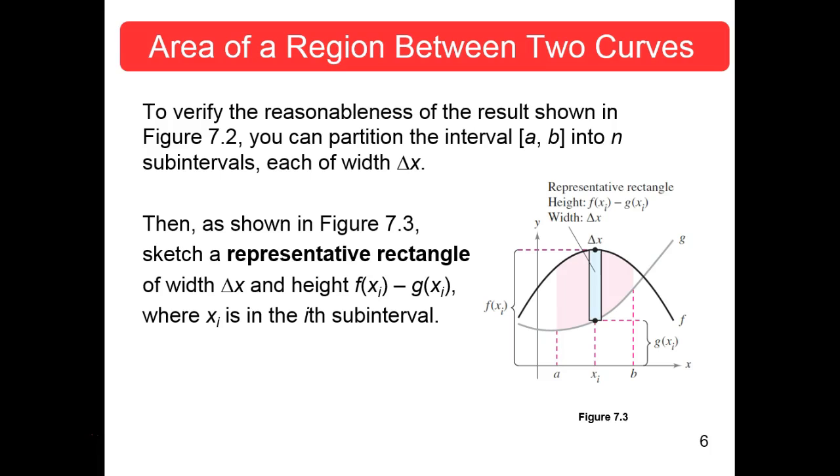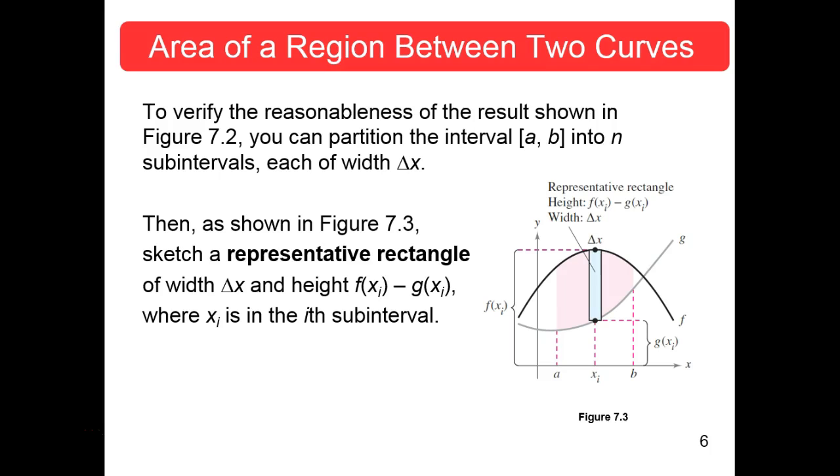Then you can do your little Riemann sums. The length of this rectangle is f minus g, and the width is delta x.